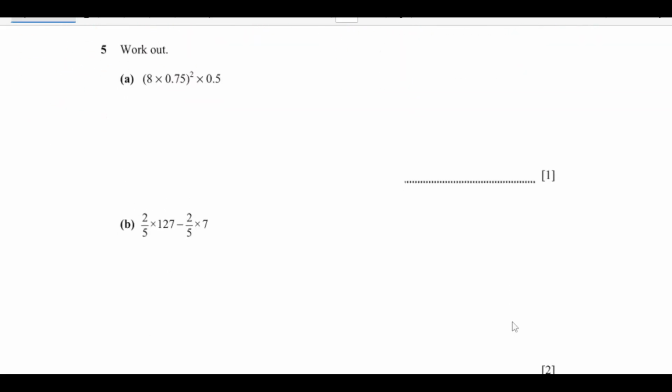So now here we have to work out this. Again we will use the BIDMAS rule here. So BIDMAS, you're first going to do the bracket, and in the bracket we have 8 times 75. So 75 times 8, it is 600, right?